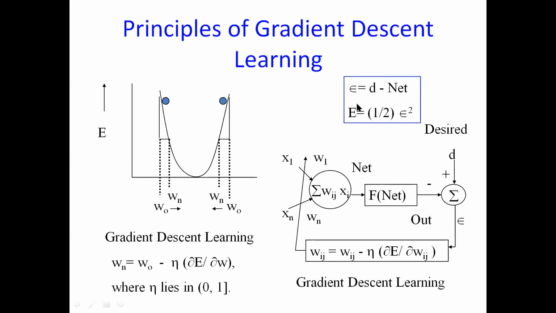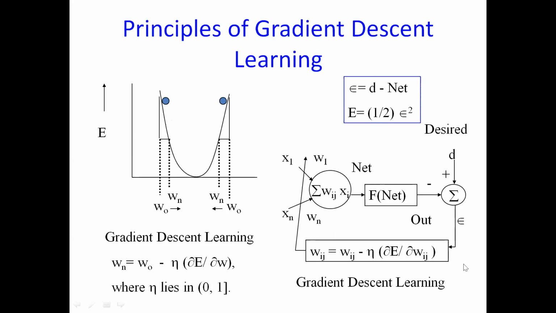And here, this E, the energy, is going to be differentiable. That is half of this error squared. This error is going to be fed back to the input side so that the weights can be adjusted in order to minimize this error.